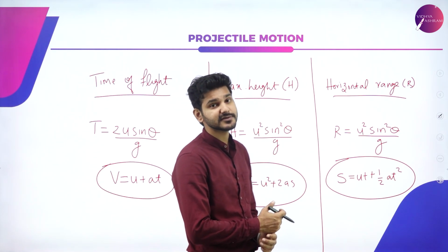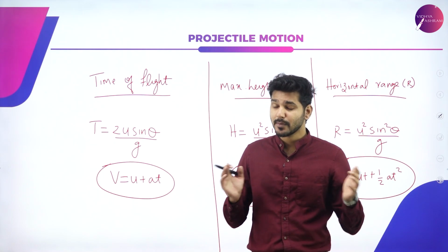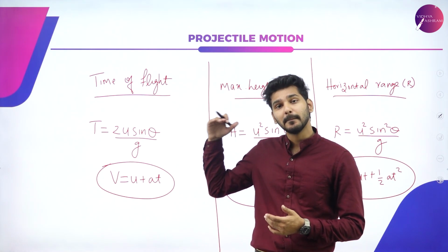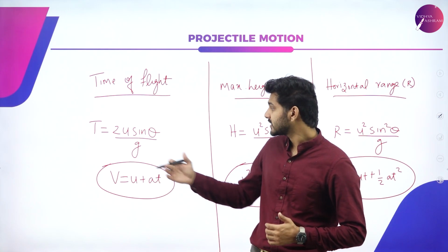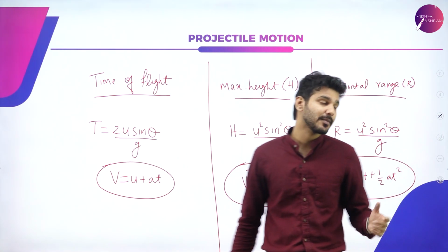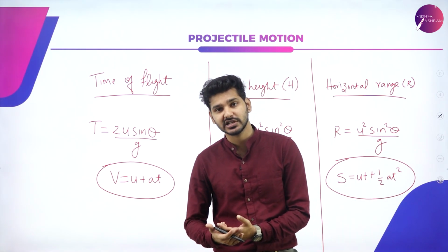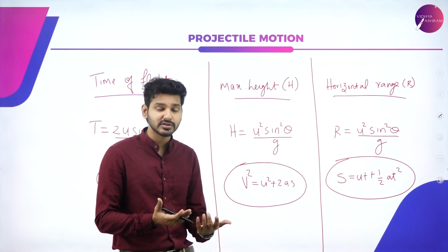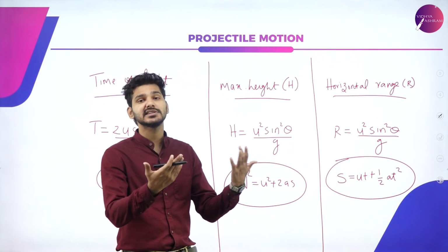Now we also have some special cases where we get the maximum output from these quantities. What is the maximum time, the maximum height or the maximum range that can be achieved? At what angle should we project the projectile so that we get maximum results?